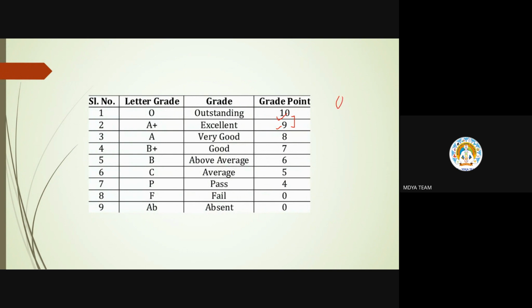Like if you are getting 91 and your friend is getting 98, both students will get the A plus. And from 80 to 90, 8 to 9, it is A. Like if you are getting 80 and your friend is getting 89, they will both fall into this category. Very good category. So this is the grading system.